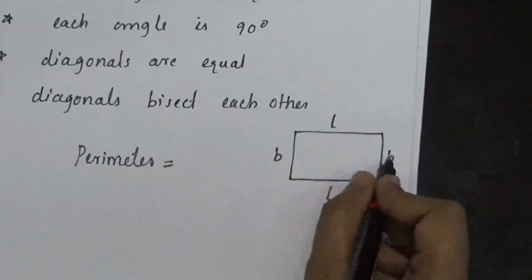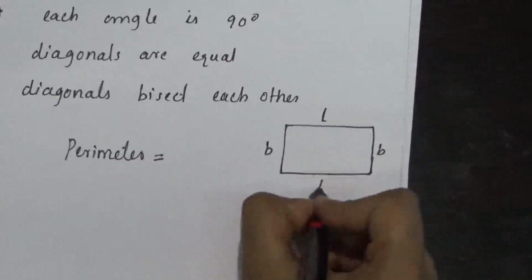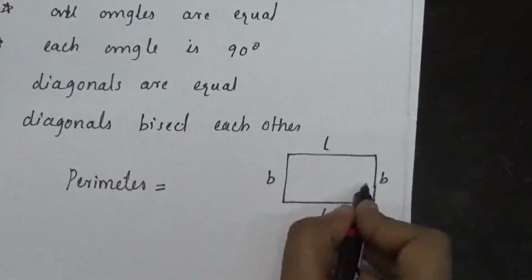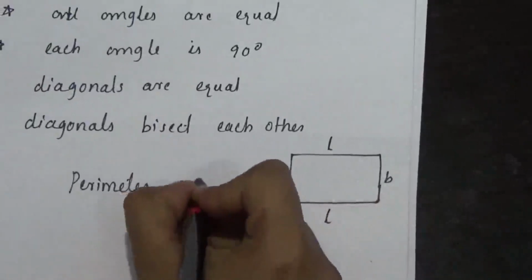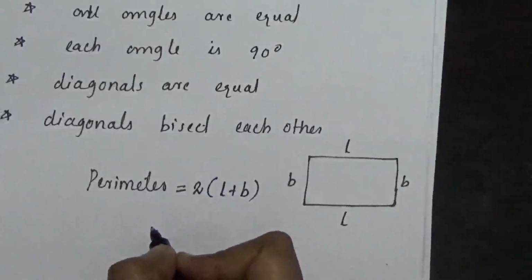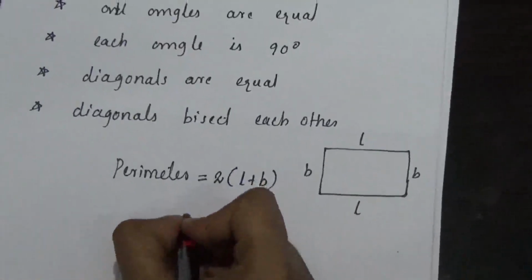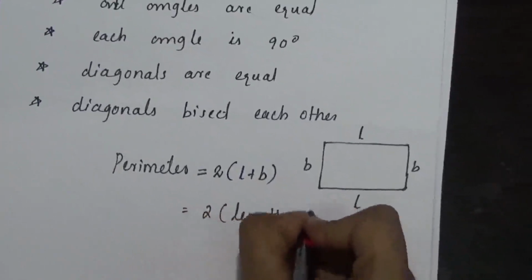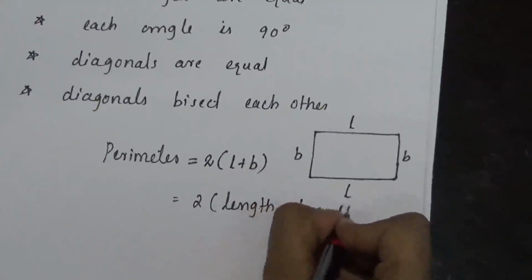L plus B plus L plus B. Added L 2 times and B 2 times. So we have 2 into L plus B. So perimeter of a rectangle is equal to 2 into length plus breadth.